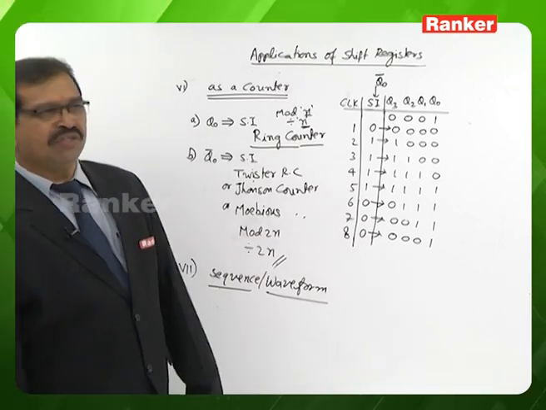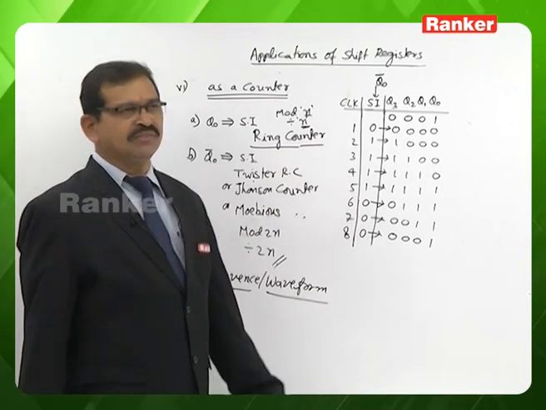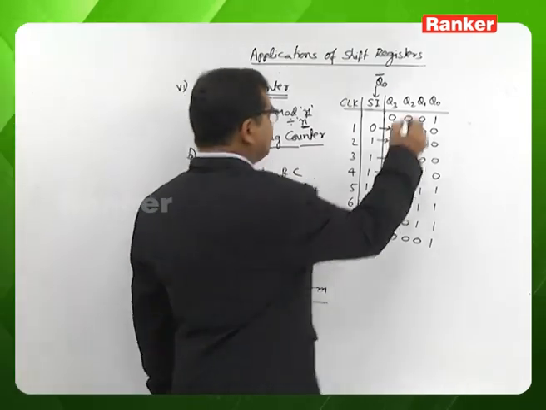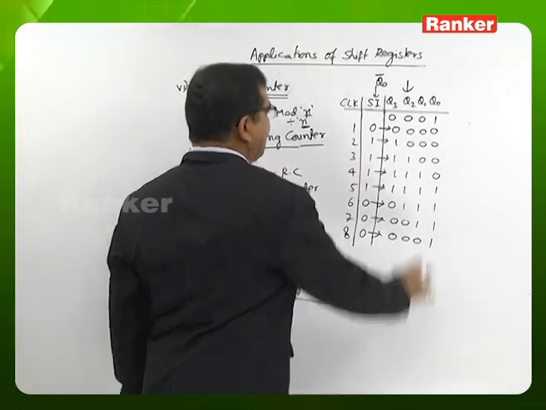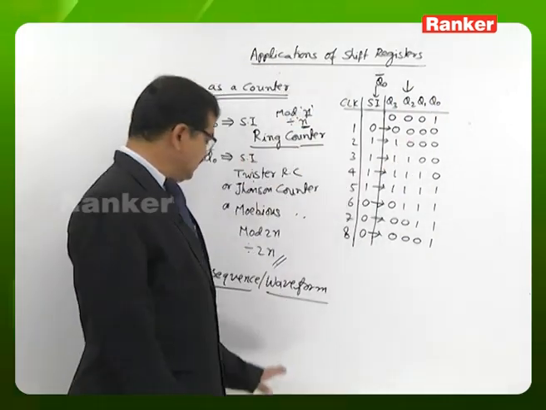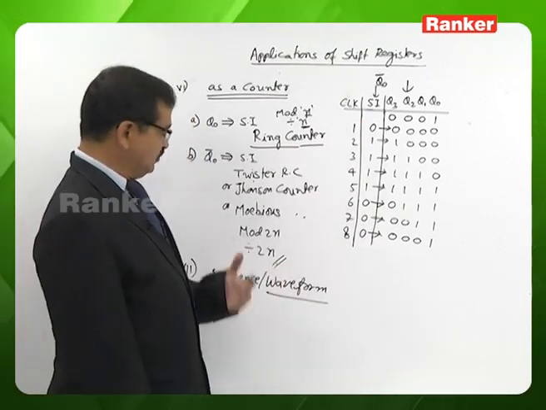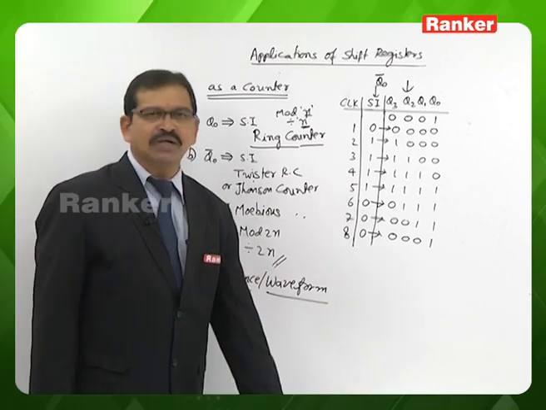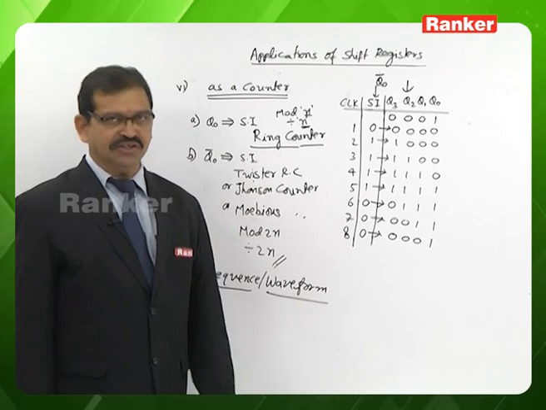One of the simplest ways is to look at how we use it as a sequence generator. When we use the register as a counter, suppose we read the output from Q2, for every 8 clock pulses this bit pattern is going to repeat. It is nothing but sequence generation. But if we look at this as a figure, it is a waveform generator. So we can use the register as a sequence or waveform generator.